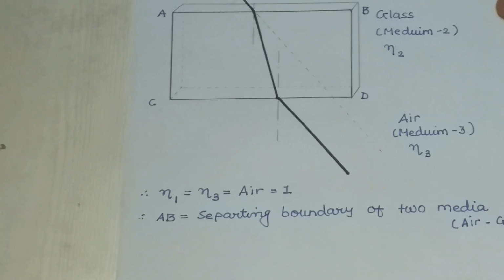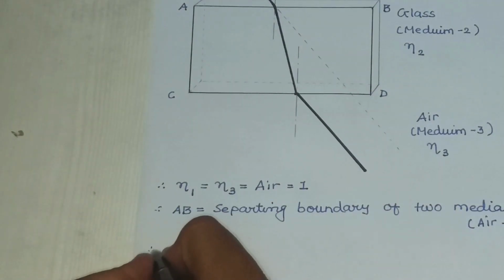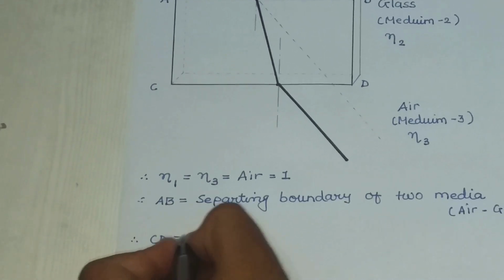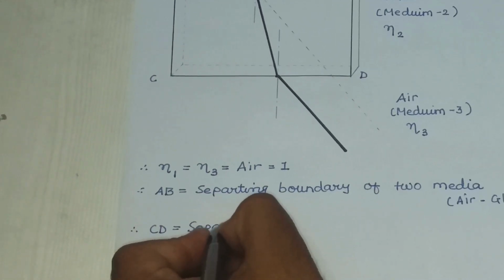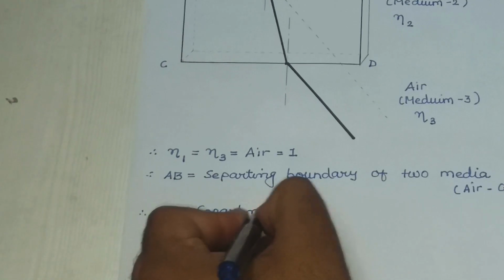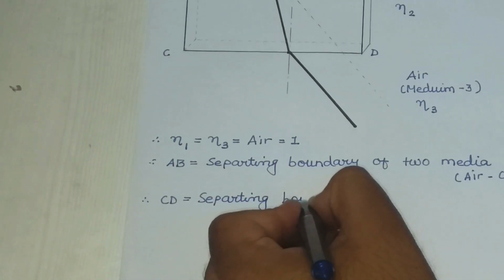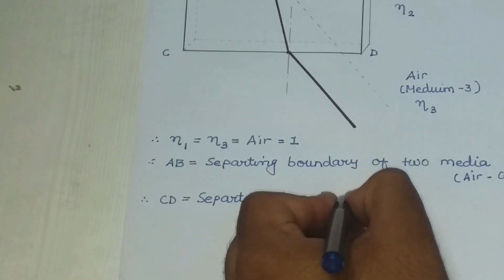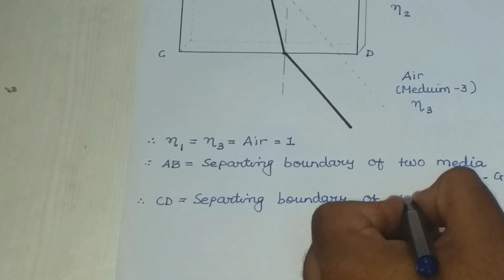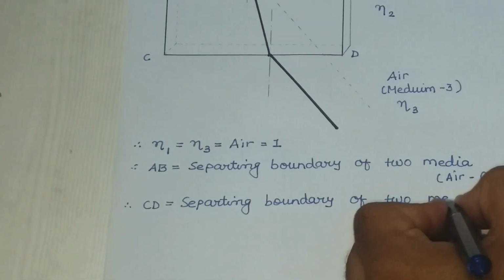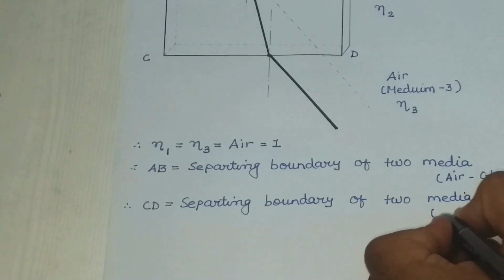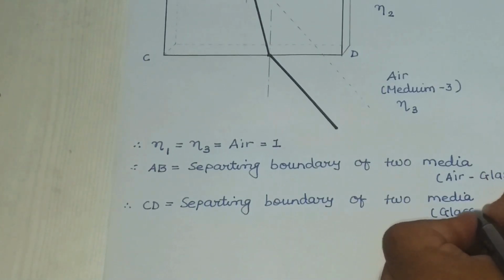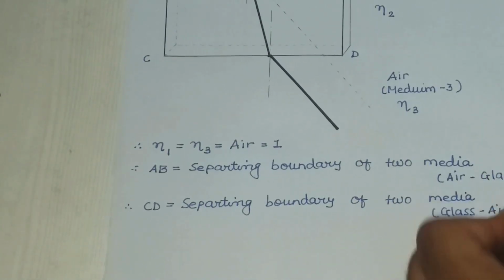Now what about CD? CD is also a separating boundary of two media, and it is glass to air.